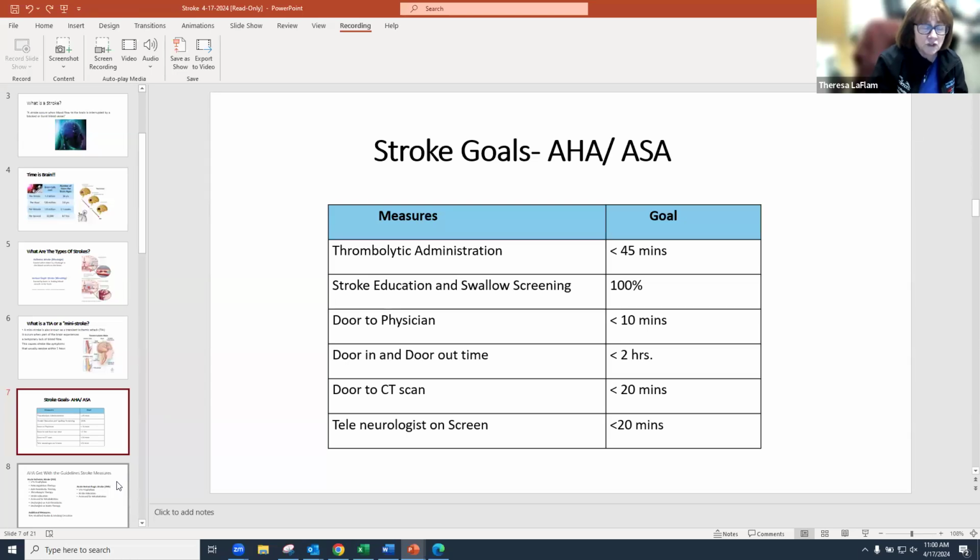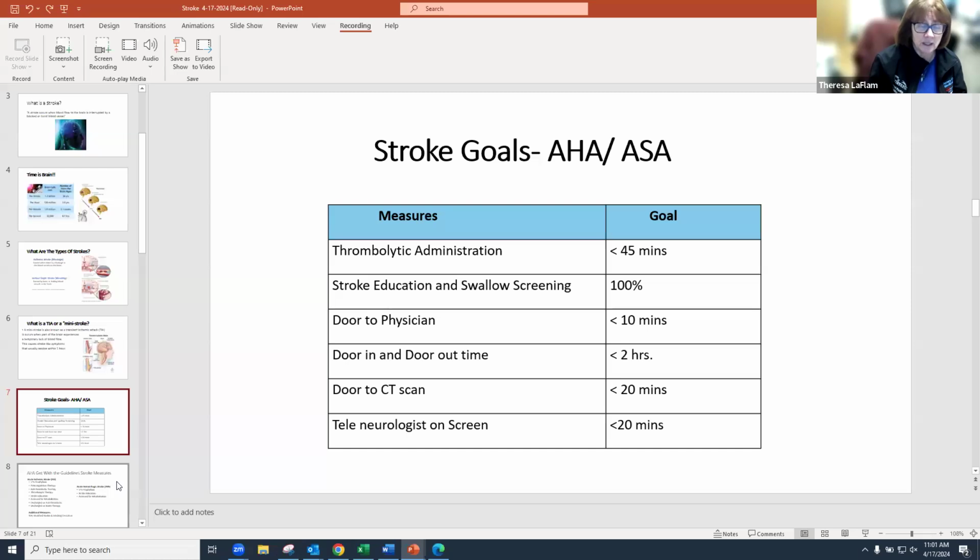So to stop an ischemic stroke, we have medication that can be given in a certain time frame. That thrombolytic administration involves a few different kinds of drugs, or fibrinolytics. Some of their names are Alteplase or Tenecteplase. And we have the goal aligned with the American Heart and American Stroke Association.